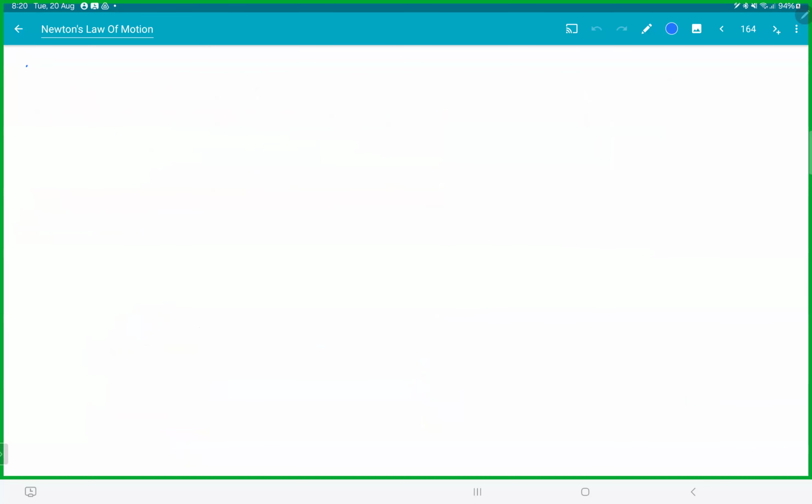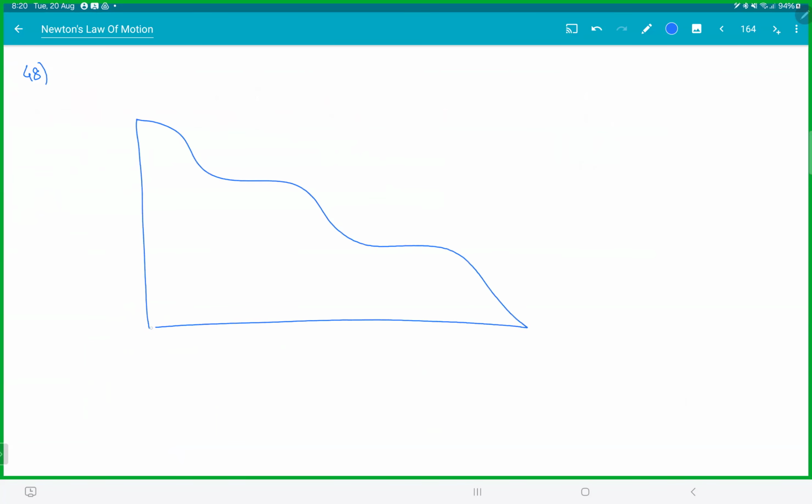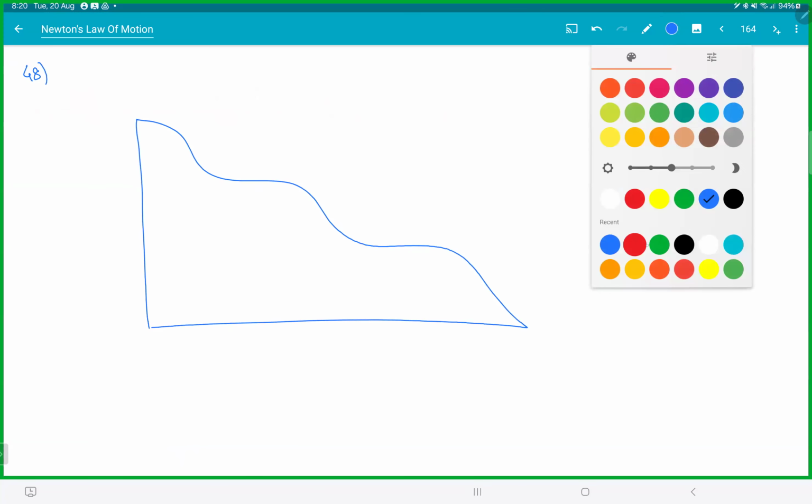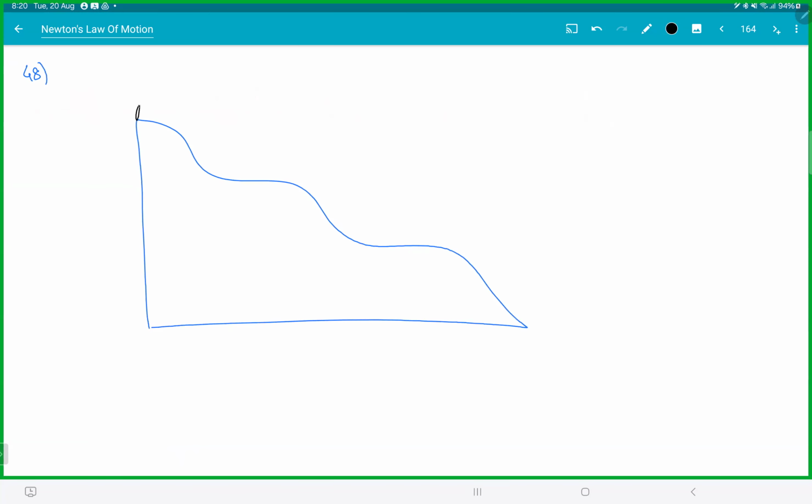Let's see one more. Let's say we have a weird incline like this. And we have a rope like this.